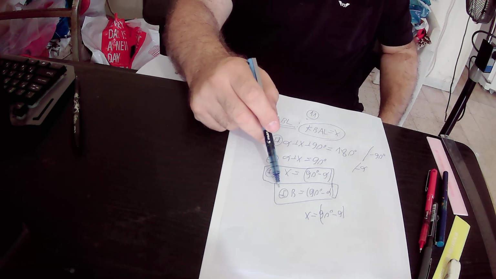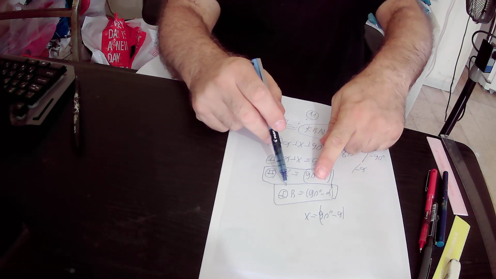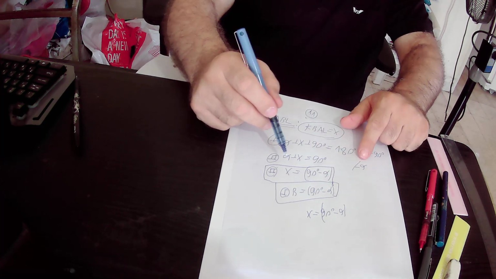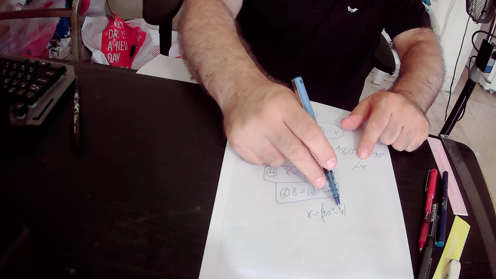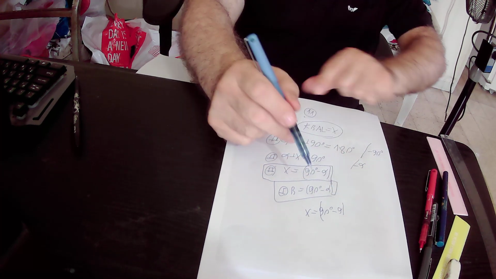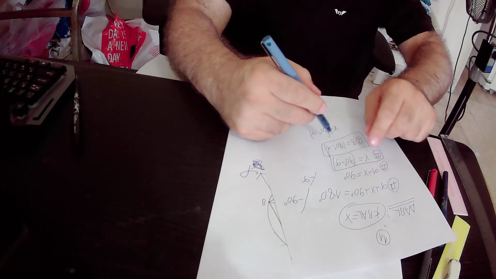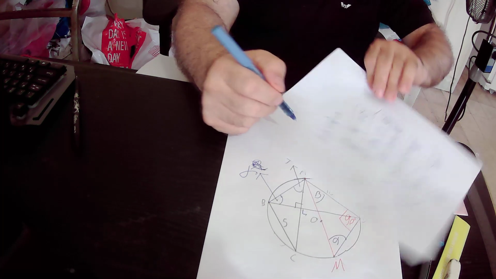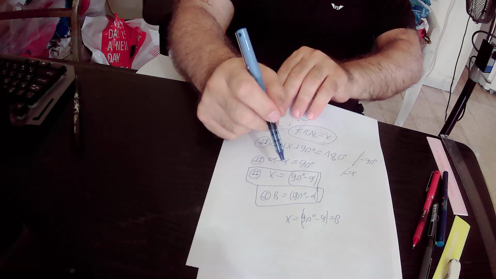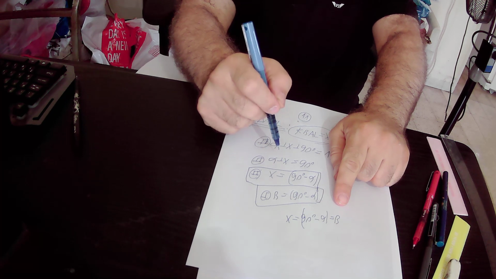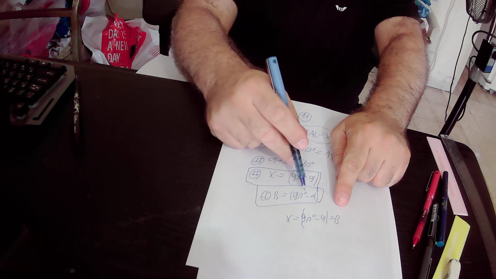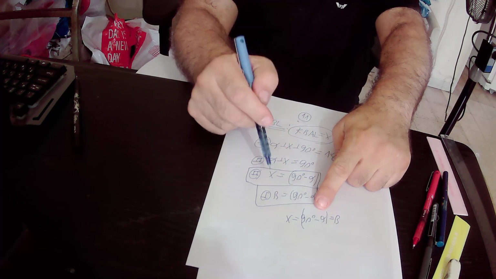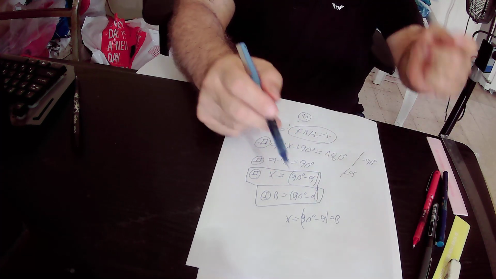And according to equation number 1, 90 degrees minus alpha equals beta. So we can add here that 90 degrees minus alpha equals beta according to equation number 1.